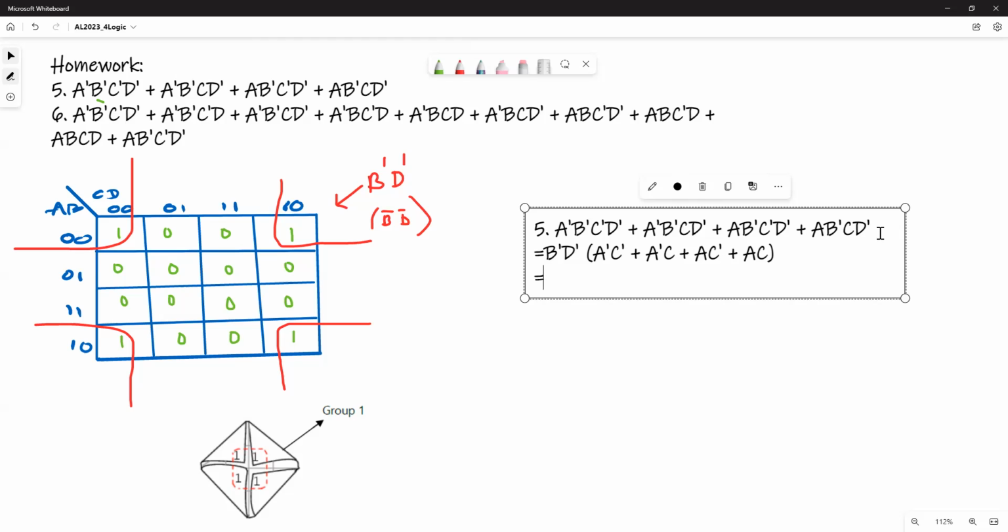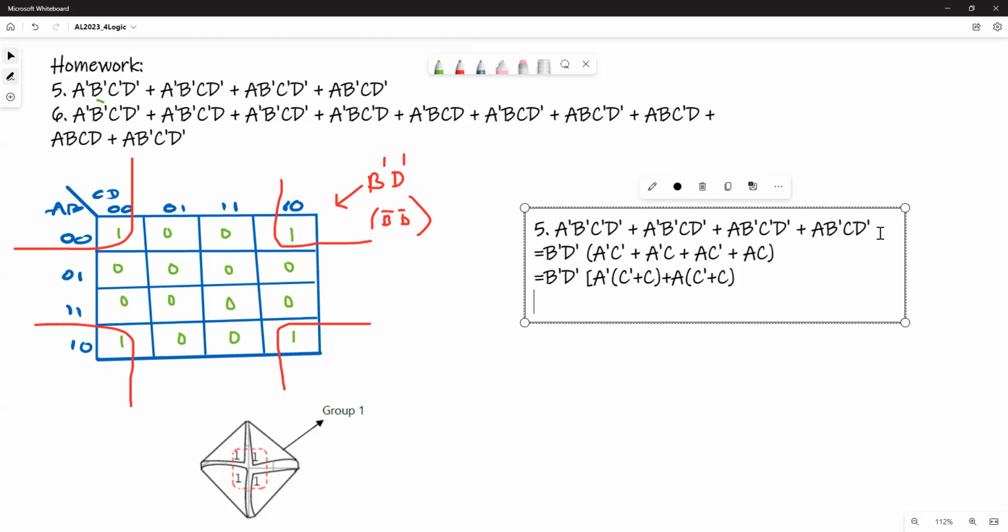Okay, Mavinia, what is the next step? Take the first pair A dash out. Yes, exactly. So the first pair we will get A dash, and we will get C dash plus C. And the next pair, we'll take A out. We'll get C dash plus C, isn't it?